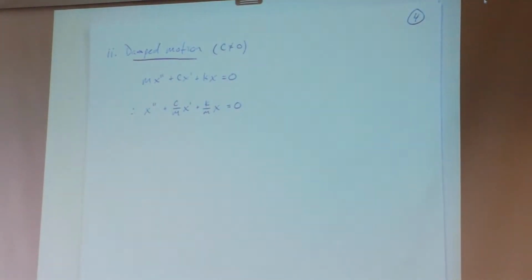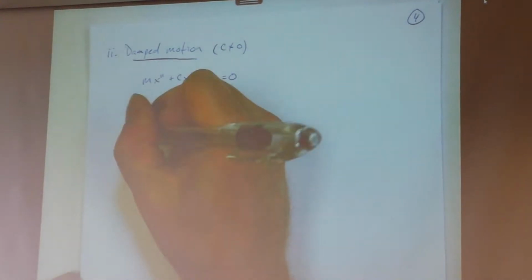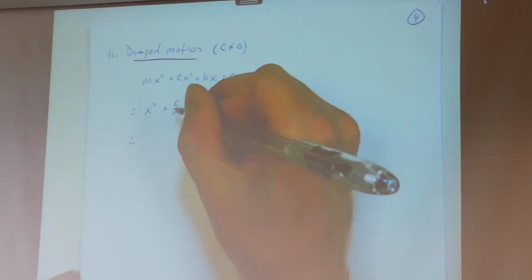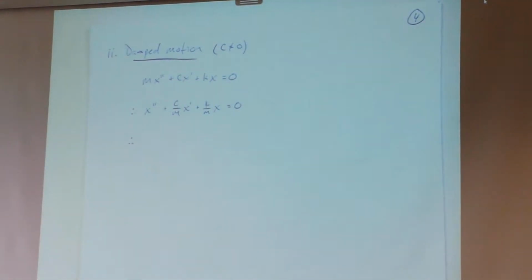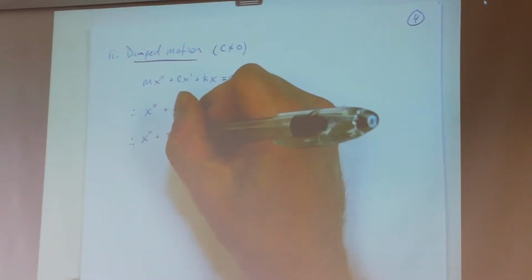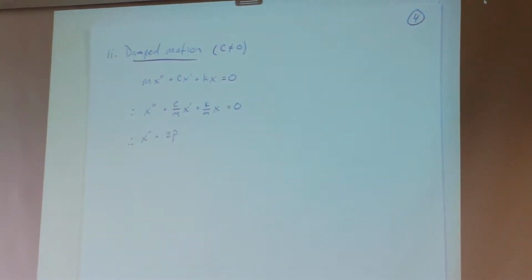Again, those are just constants, c over m, k over m. And it cleans things up later if, instead of calling this constant c over m just p, they make this strange substitution and say, okay, for a second, we're going to call that 2p. It's going to make calculation later on cleaner.